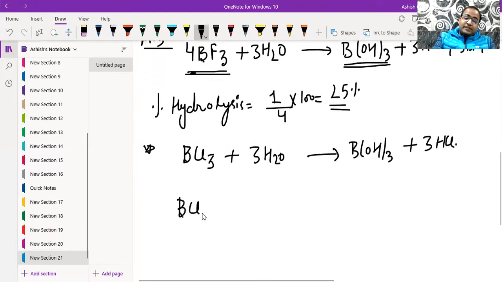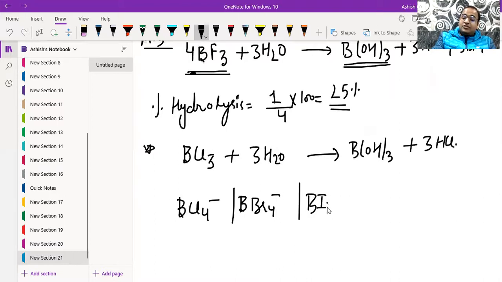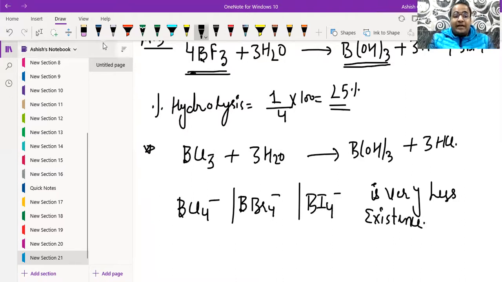The existence of BCl4-, BBr4- and BI4- is very less due to steric crowding, and due to this steric crowding I will not get the partially hydrolyzed product. So in case of BCl3, BBr3, BI3, I will get the completely hydrolyzed product, that is boric acid, right beta?